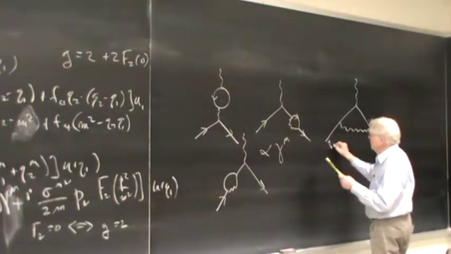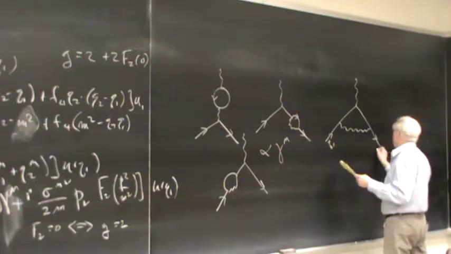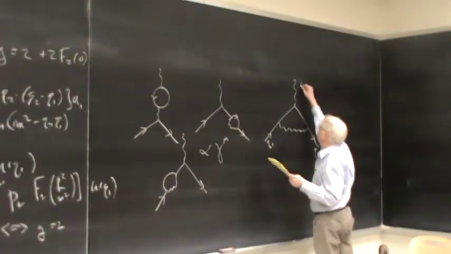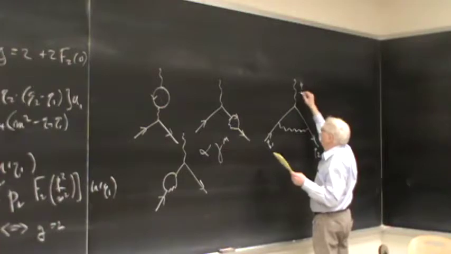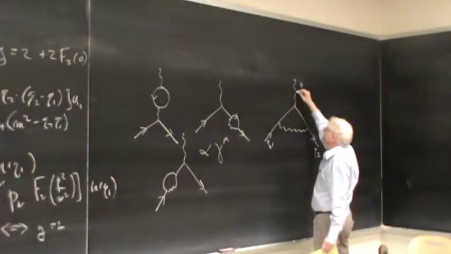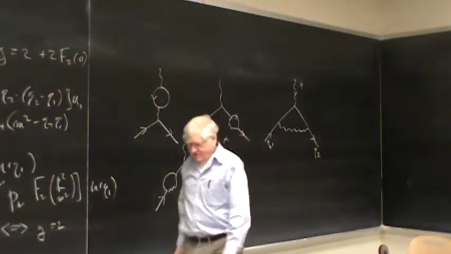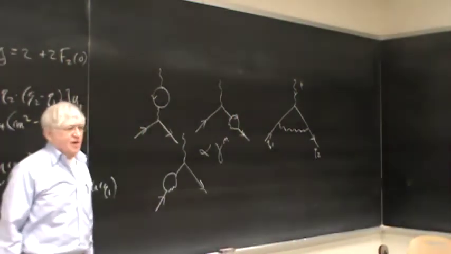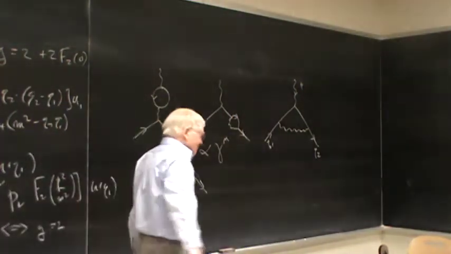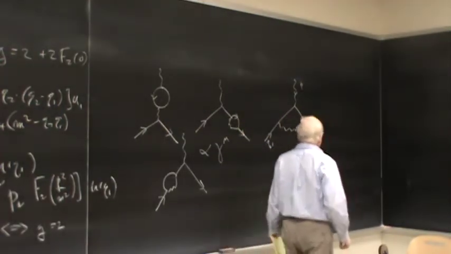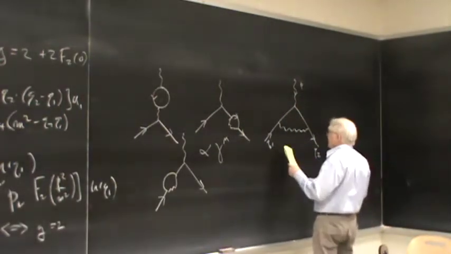So we have q1 going in, q2 going out, p. It's optional whether you put an arrow on a neutral line, but I find it useful because then I know which way the momentum is going.